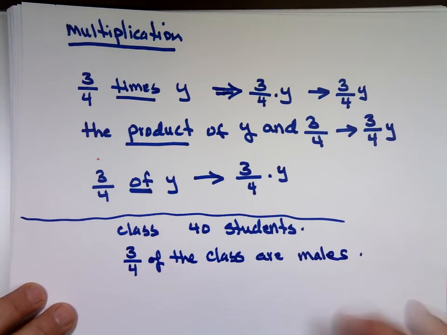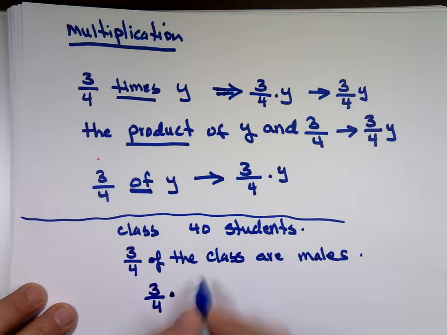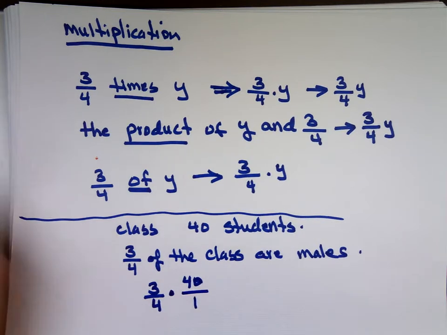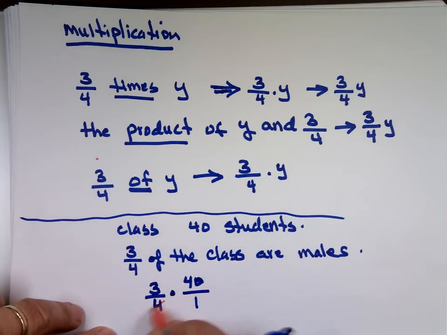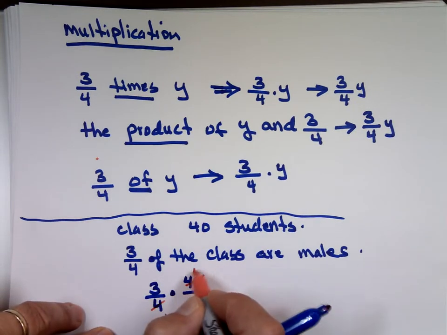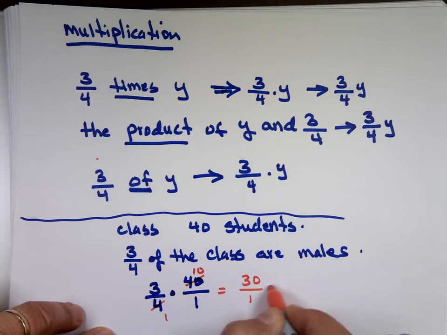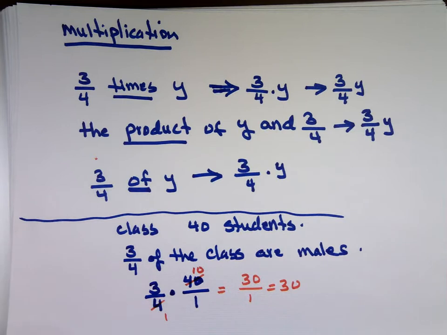How many males in the class? We go, 3/4 of means what? Multiply. And how big is the class? 40. If you remember multiplying fractions, that's 40 over 1. You try to simplify it first. By 4, this is 1. By 4, this is what? 10. 3 times 10, 30 over 1, which is what? 30 students are males. 10 are female. So the word of means multiply.